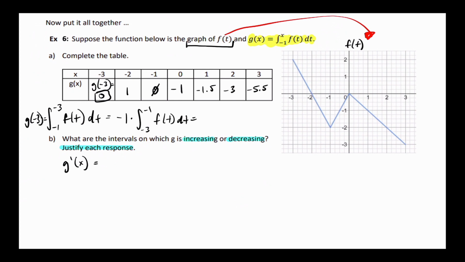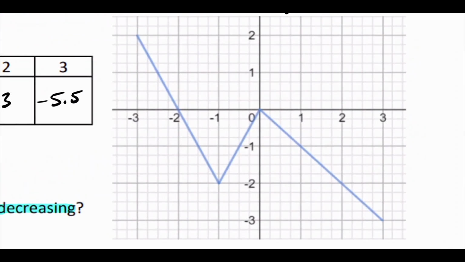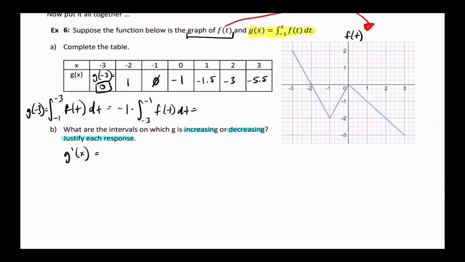Okay, so we know g is the integral, area under the curve for this guy. So what is g prime going to be? What is g double prime going to be? We don't need g double prime right now, but we will need it later.